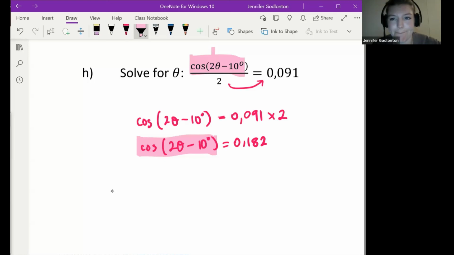And I multiplied the 0,091 and I got 0,182. Totally fine. If you multiply this by 2, and you have a 2 there, that's totally fine. These 2's just end up cancelling, so you'll end up with the same thing I have here. Oh, okay. Oh, didn't see that. It's okay.